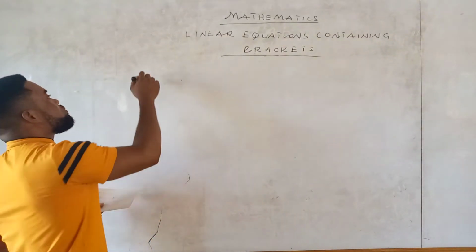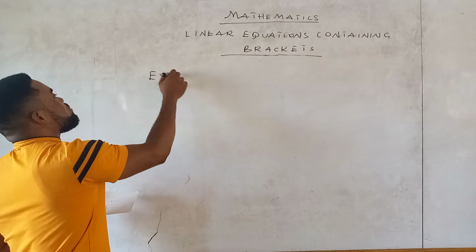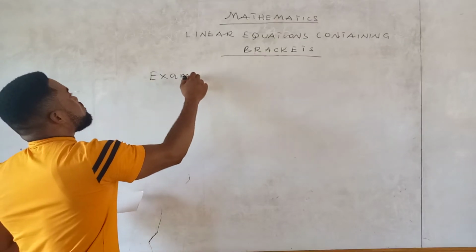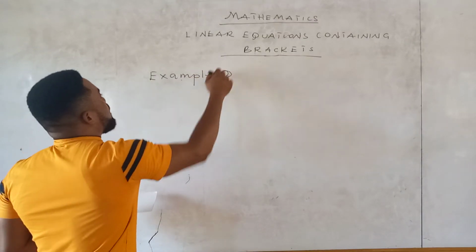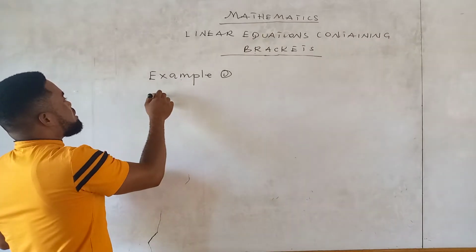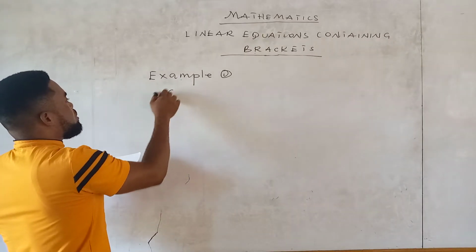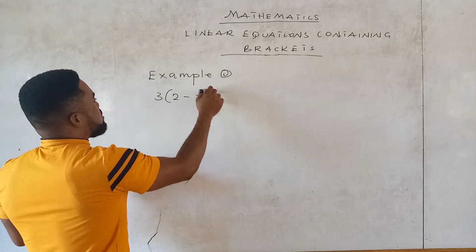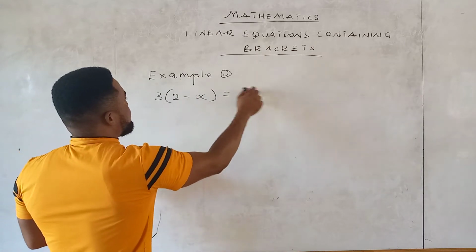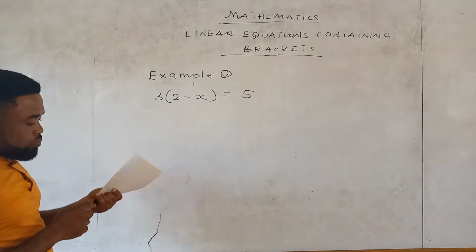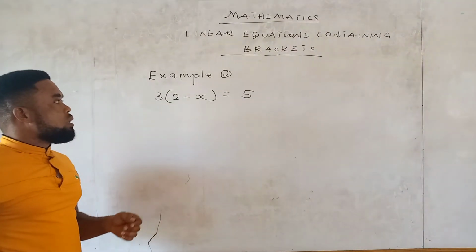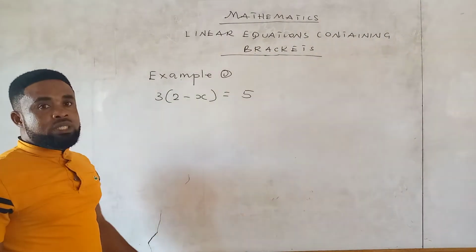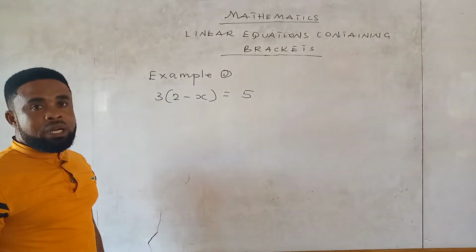Example 1. Let's say I have 3 into bracket 2 minus x equal to 5. All that you need to do is to just dissolve the bracket.